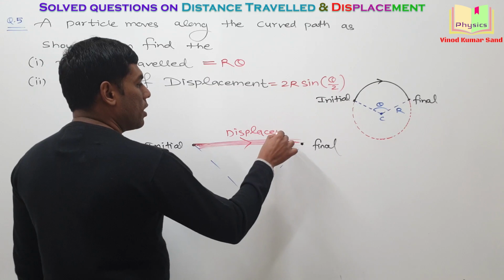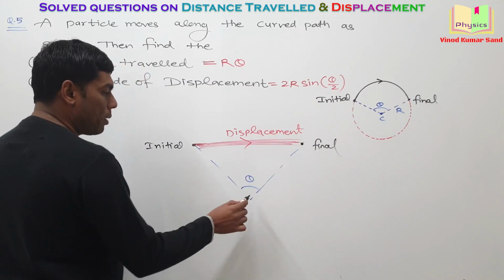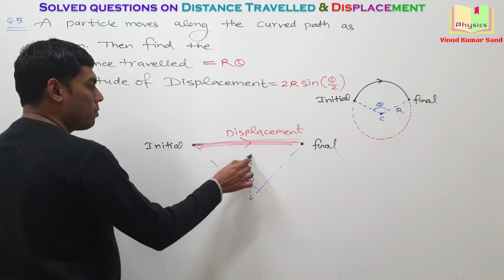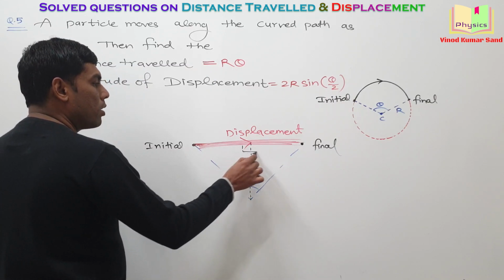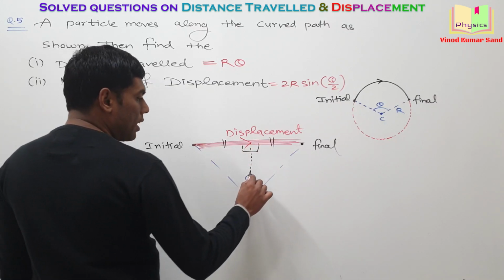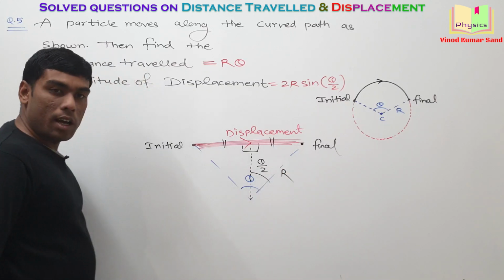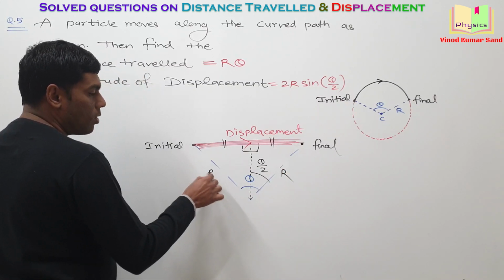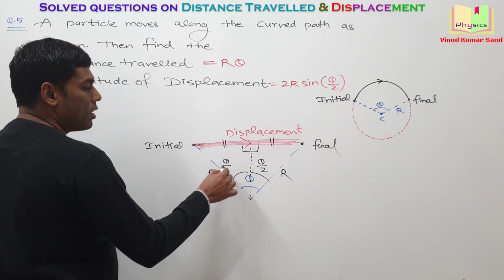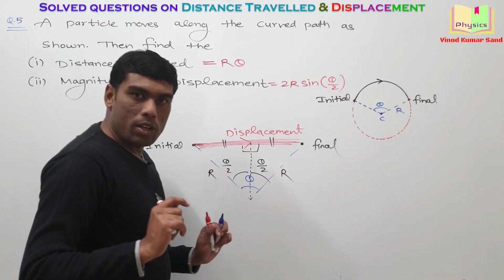Do you agree? Now I'm dropping a perpendicular from here. This perpendicular will bisect the displacement vector. This angle is theta by 2. This distance is r as well as this radius is also r and this angle is theta by 2. These two right angle triangles are symmetrical.